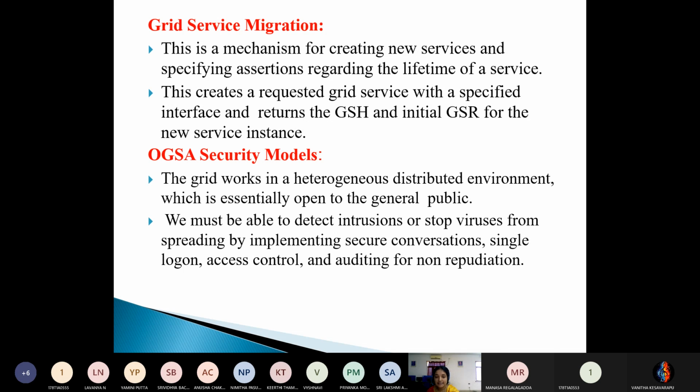Next, coming to the OGSA security models. What is meant by the OGSA security model? The grid works in a heterogeneous distributed environment, which is essentially open to the general public.